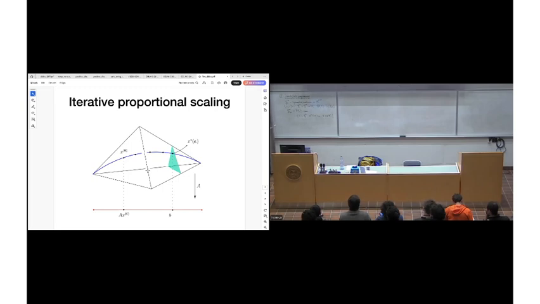Okay. What's a semi-definite program in standard form? The game is to minimize a linear function w dot x subject to the constraints.